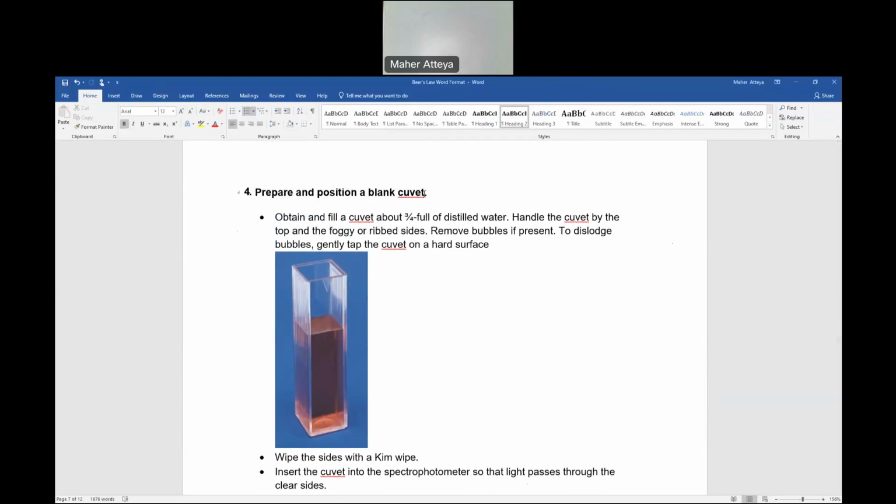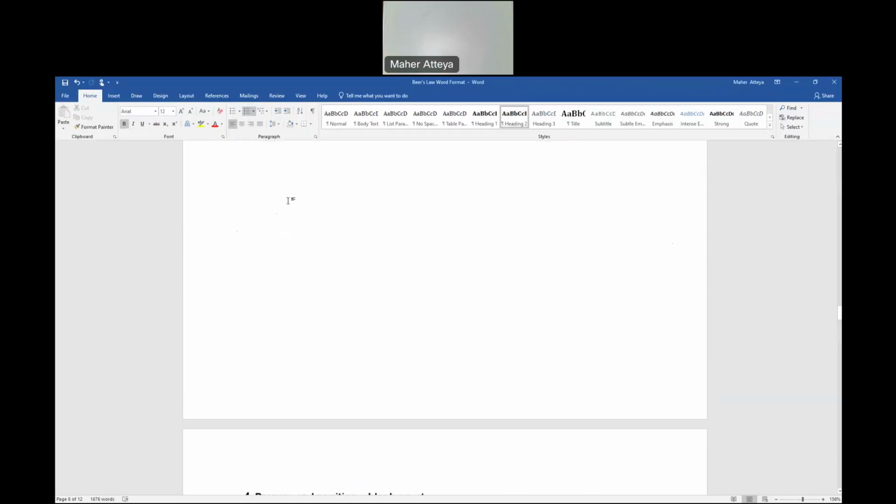No. The only problem is if your solution has color, then yes, it will interfere with the light and absorb part of the light. But with H2O you should read 100% transmittance, zero absorbance, no absorbance, zero. Right? You should read zero absorbance. So that's when you use this one here. So don't skip any of these steps, one step at a time.